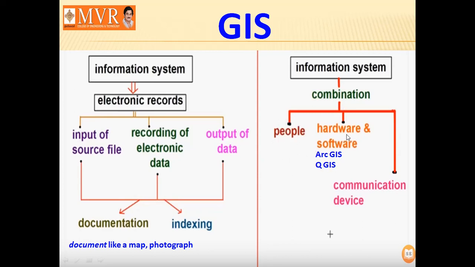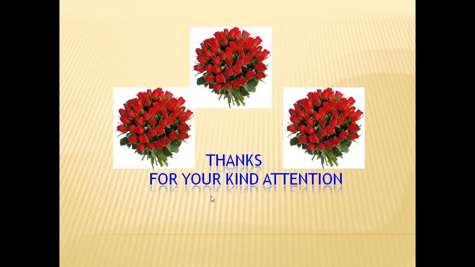And hardware and software. Software is the many commercial packages, ArcMap, and the open source QGIS. Hardware is a storage device, electronic records. The input is geospatial data. Then after processing, recording of electronic data, we will get the output and the documentation and index. Documentation is like map and photograph. Index is tabular form data. This is the entire process of GIS.